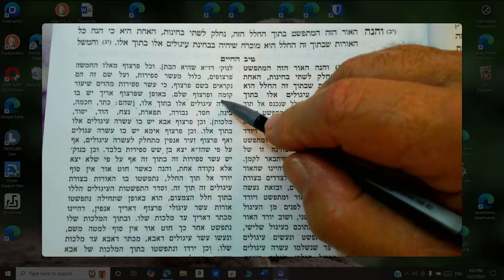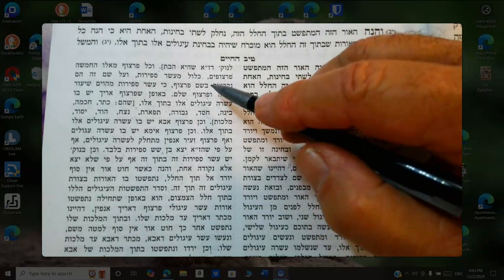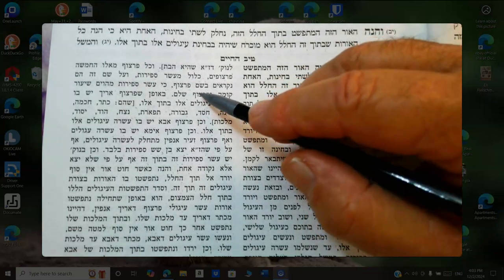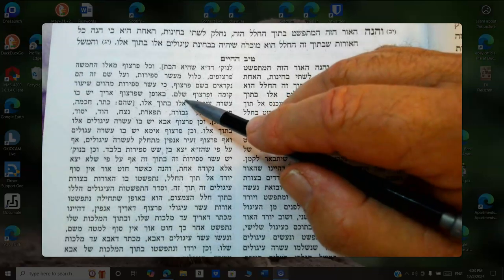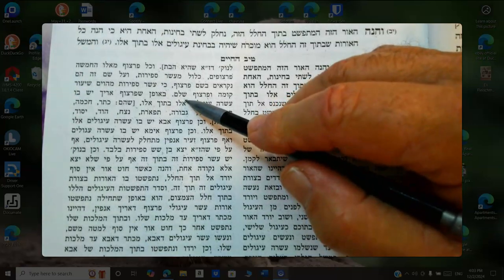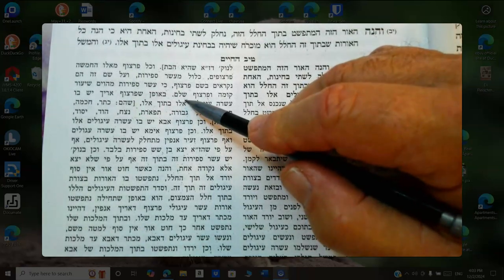So if we're talking about a partzuf that has a full 10 spheros, then that means that each one has its own shir kuma. Well, that might be a little deeper than what he was saying, but he's saying that each partzuf has its own shir kuma. Is that what you meant? Yeah.